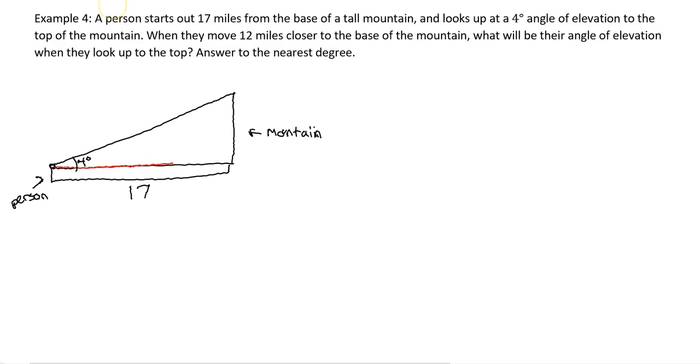Try that again. Doesn't like me making points. Okay, so this red line is 12. And then what will their angle of elevation be when they look at the top? So again, I'm looking for x.